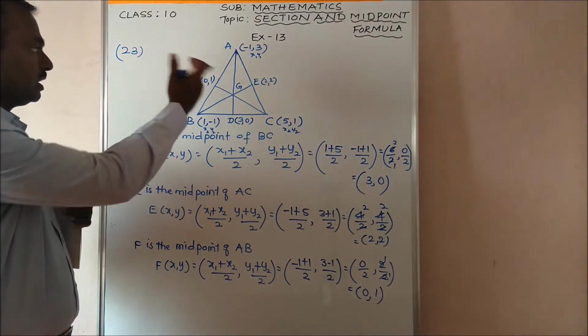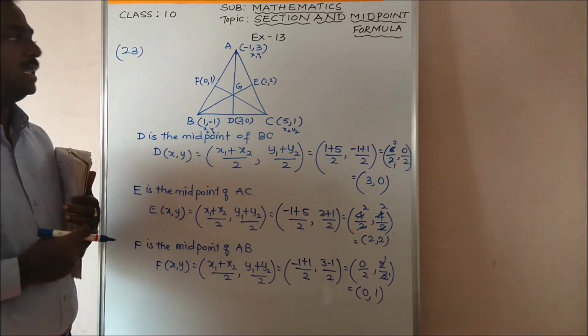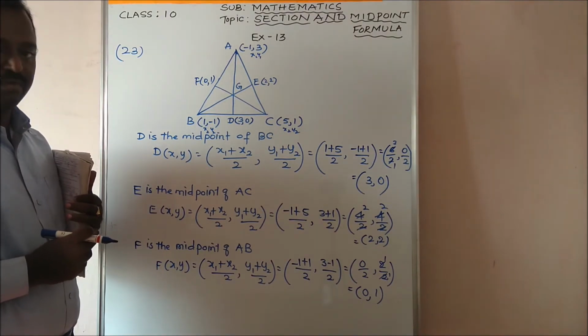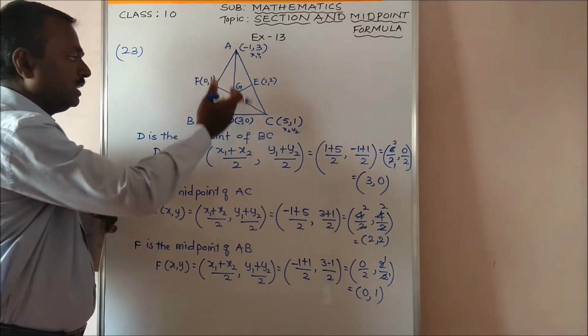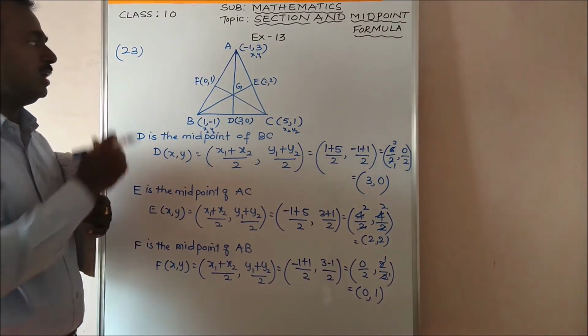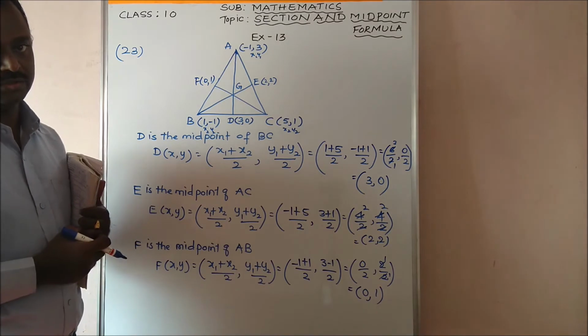Next, I will go for how to find the length of AD, the length of BE, and the length of CF. First I will find only the length of AD. The remaining two lengths you have to find out. Okay?